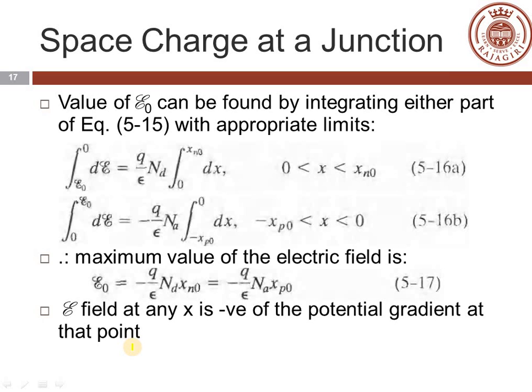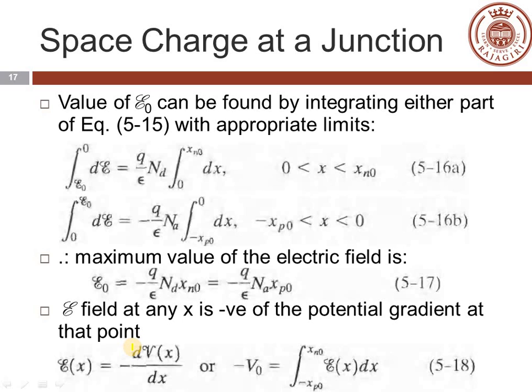Now the electric field at any point is the negative of the potential gradient at that point. So E(x) = minus dV/dx.